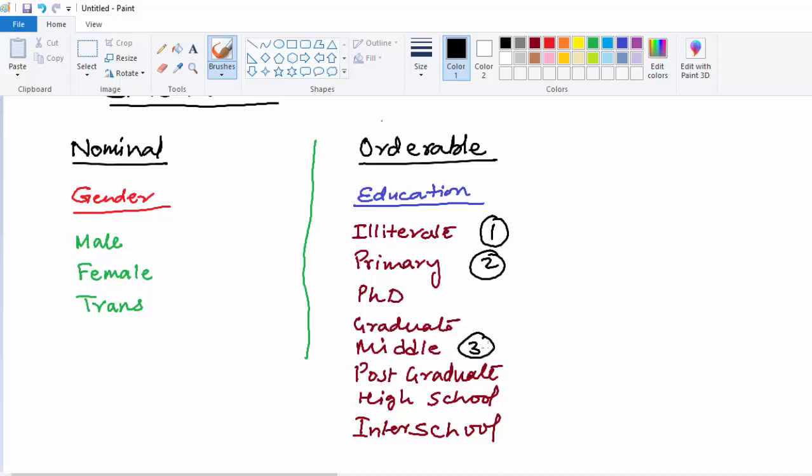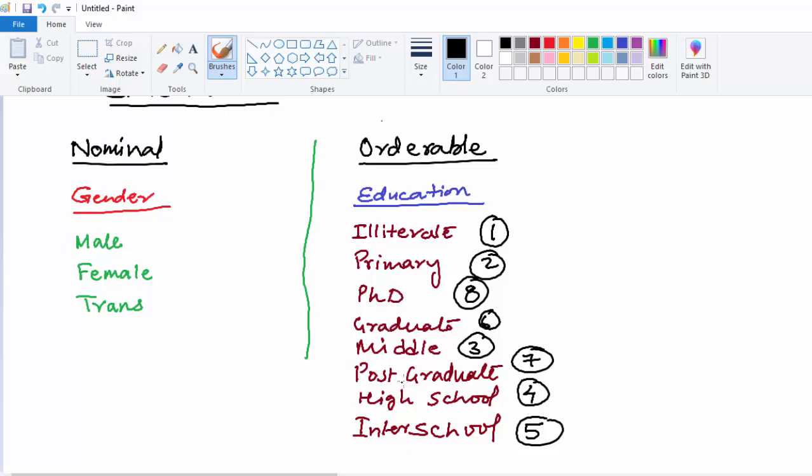Middle 3, high school 4, inter 5, graduate 6, postgraduate 7, and PhD 8. So everybody will give the same order. So we can give order to these categories.